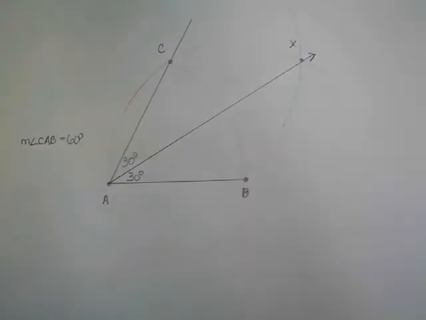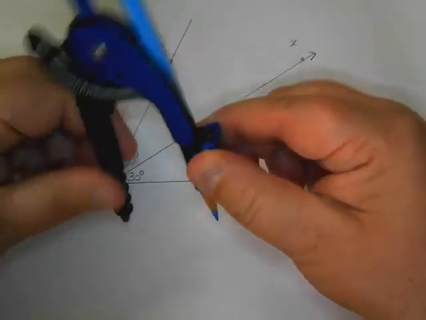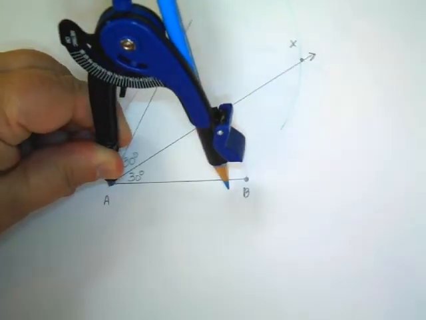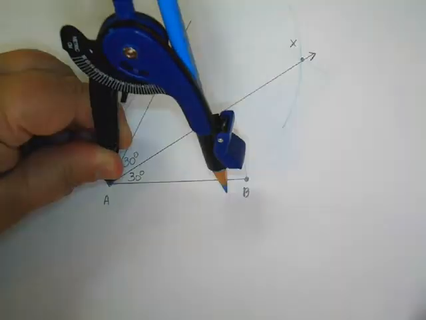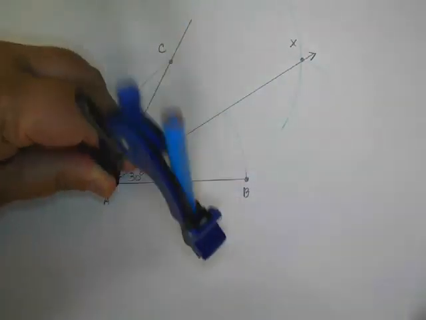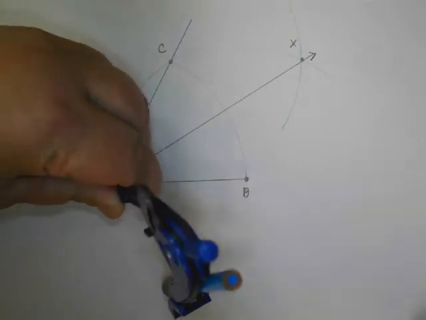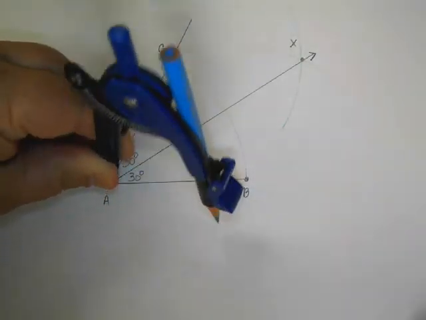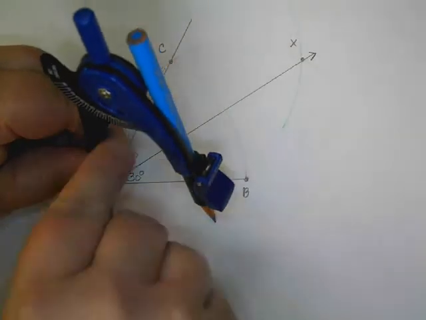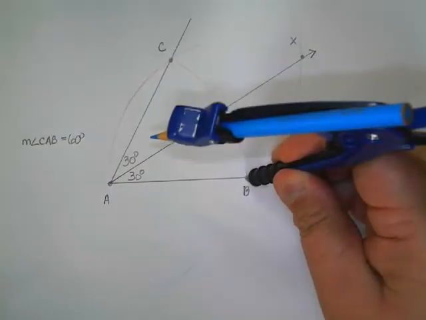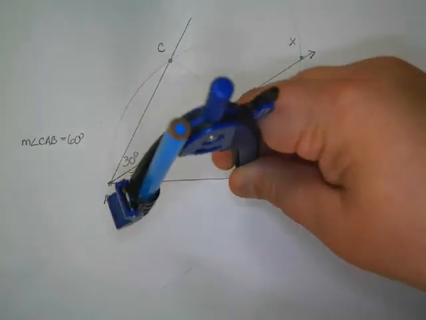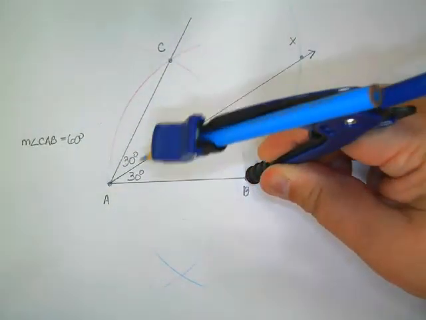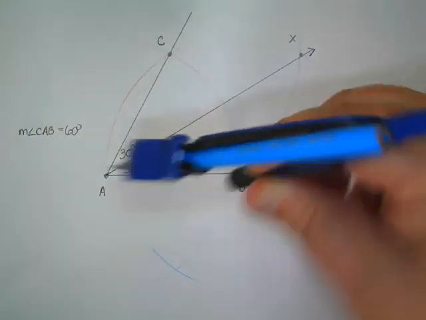So I'm going to place the compass on point A and adjust it so that it's more than half of AB. And I am going to draw an arc below the segment. And without changing the radius, I'm going to place the point of the compass on B and draw another arc so that it intersects the previous one we just drew.